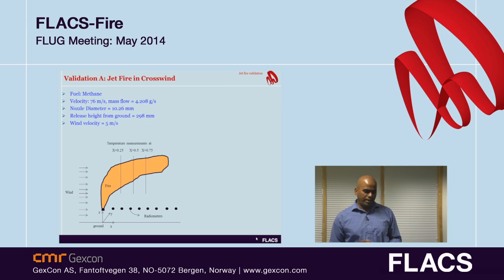From the experiment there are two types of measurements available. One is temperature measurement at three different cross sections of the fire, and two, the radiometer measurements at different locations on the same level of the release.